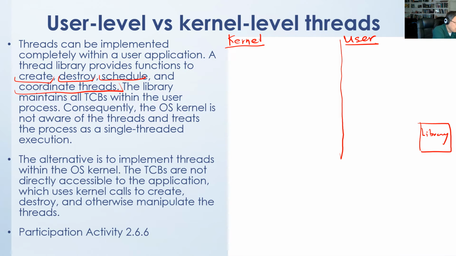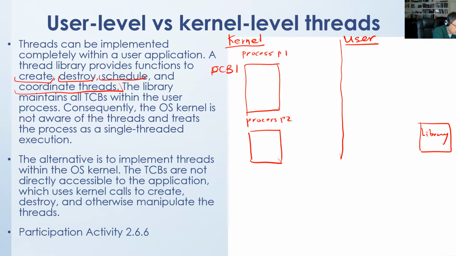If a process is created, it's created by the operating system. So let's say a process P1 is created. Then the operating system is going to create a PCB1 corresponding to P1. And if process P2 is created, another PCB will be created.